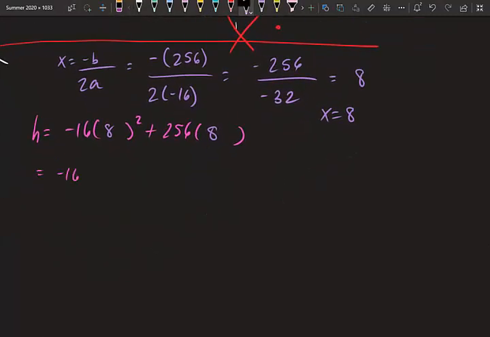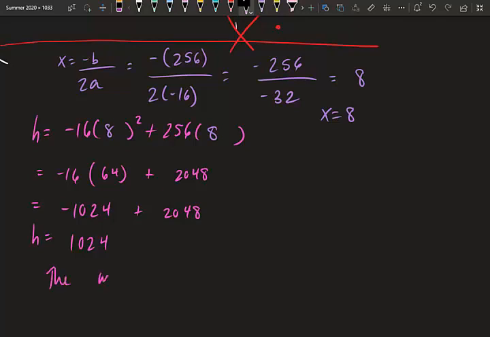We have negative 16 times 8 squared, which is 64, plus 256 times 8, which is 2048. Keep simplifying. Negative 16 times 64 is negative 1024 plus 2048. We combine like terms to get h equals 1,024. So we know the maximum height.